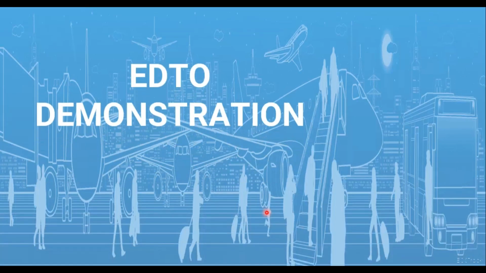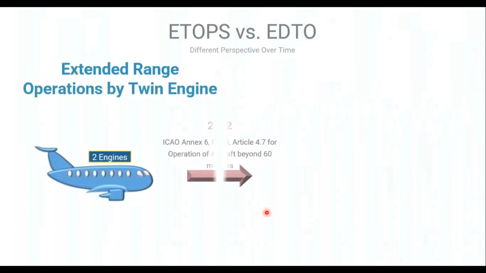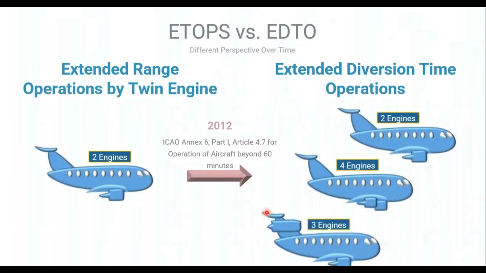Okay, so just a very quick demonstration on the EDTO. What is ETOPS? ETOPS basically was extended range operations by twin engines, and that was certified since the 1950s. In 2012, ICAO introduced in Annex 6 what we call EDTO, extended diversion time operation.